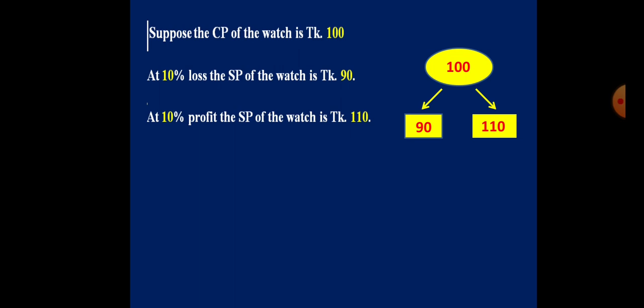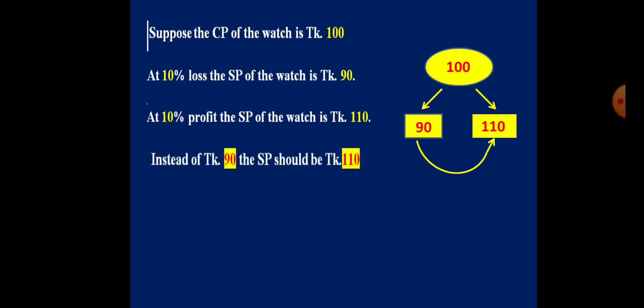Okay, well, that means there must be some kind of way from 90 to 110. That means we need to go from 90 to 110 to get our desired result. Okay, so instead of taka 90, the selling price should be taka 110. Instead of taka 1, the selling price should be 110 over 90. But the selling price in our problem was given as 625.